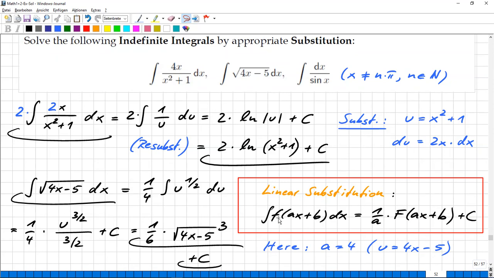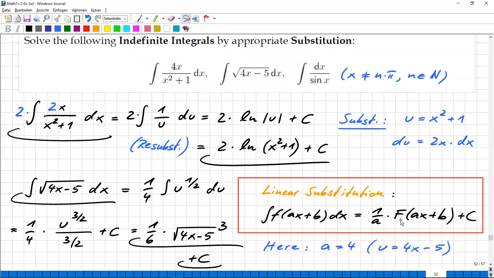lowercase f, if you have analyzed it and you know its derivatives, its primitives, antiderivative, and so on, this theorem tells you you may just take the primitive of the outer function lowercase f, usually called uppercase F, as you know, so this should be the primitive of lowercase f.